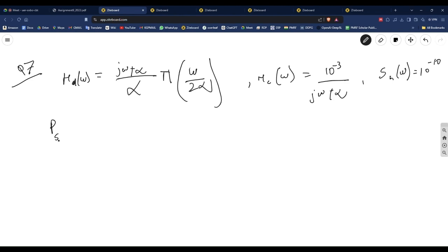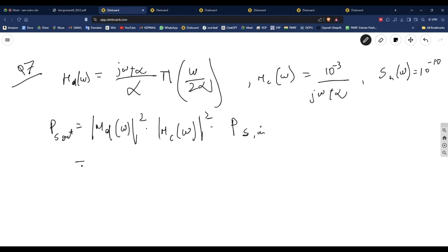So PS out will be mod HT omega square mod HC omega square into PS in.